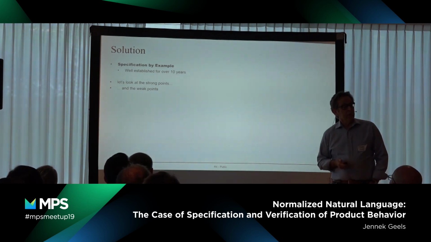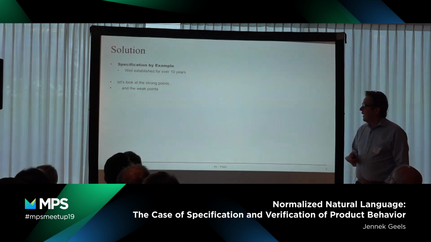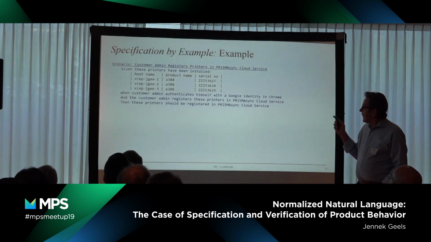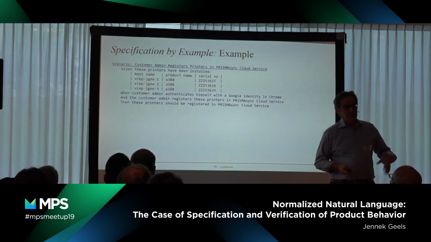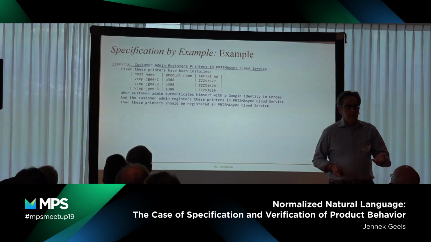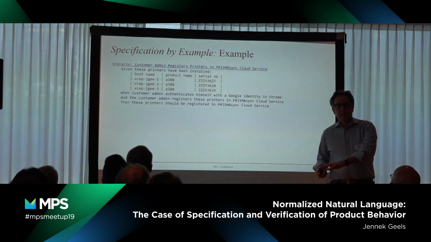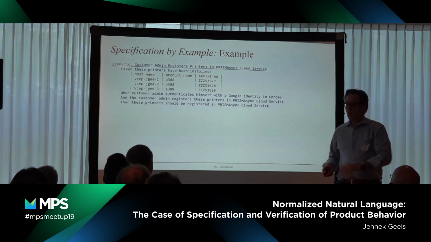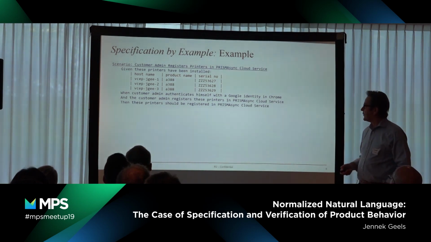But I prefer the word specification by example, because it is examples that are the core of your specification. Sure, you may want to document your rules, but the test ultimately is a straight path through your decision tables.